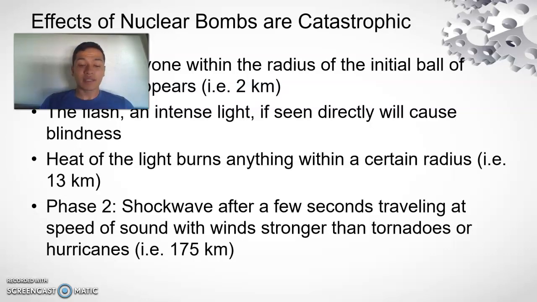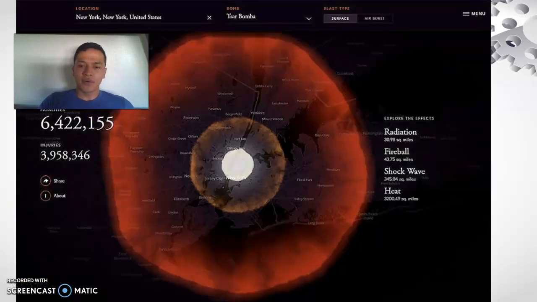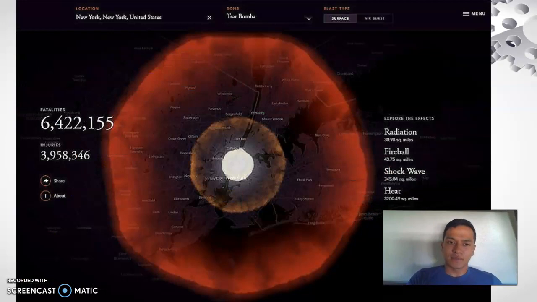The opportunities to be killed or hurt are many. This is just an example that I found through a really interesting website that allows you to see how much impact a certain type of nuclear weapon would have in a certain location.